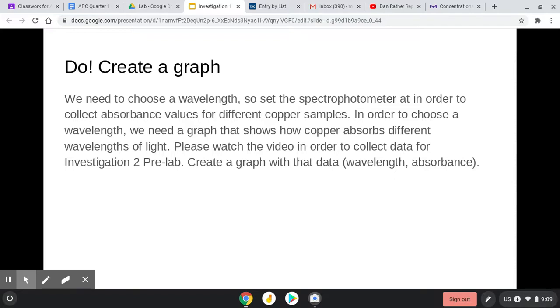So what I've done is I've put a copper sample into our spectrophotometer. It's our 0.4 stock, 0.4 molarity sample of copper nitrate. And I've started at a wavelength of 400, and then I've changed the wavelength every 20 nanometers all the way up to 700 or maybe a little bit above.